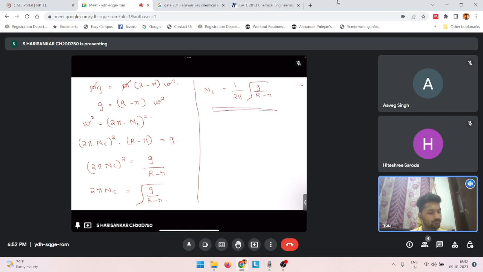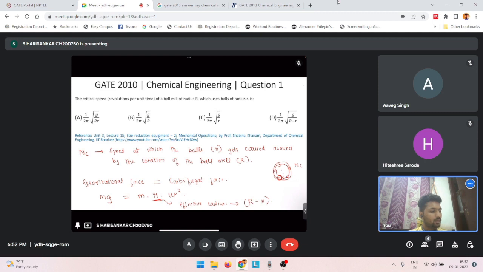This will be the equation for the critical speed of a ball mill. Among the options given in the question, option D satisfies this equation. So for this question, the critical speed of a ball mill is given by option D, which is 1 by 2 pi into root of g by (R minus r).